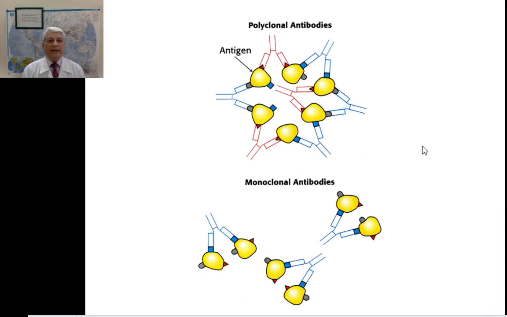Normally, when antigen appeared in our organism, different clones of B lymphocytes begin to produce antibodies. And normally the immune answer in our organism is the answer by polyclonal antibodies.